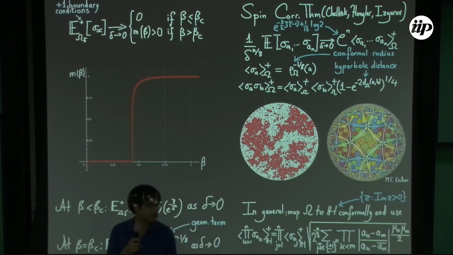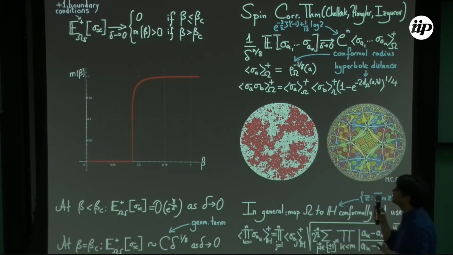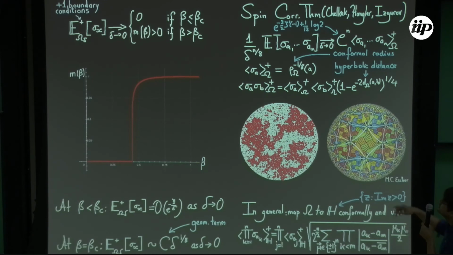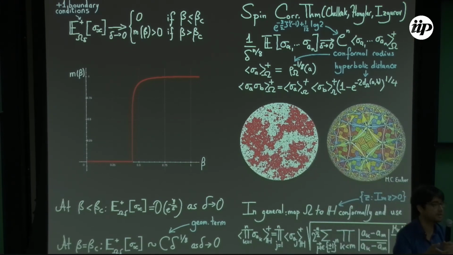Why did I draw this picture? Just to give a very simple illustration of what these formulas mean. The one-point function with plus boundary condition is just given by the so-called conformal radius to the power -1/8. The conformal radius is a measure of the size of the domain as viewed from a point, conformally.